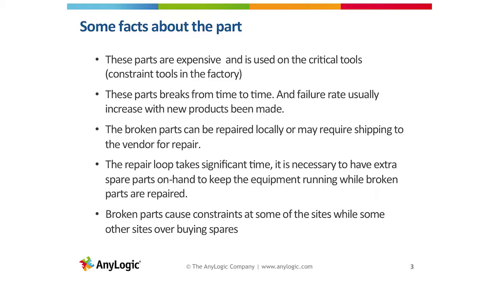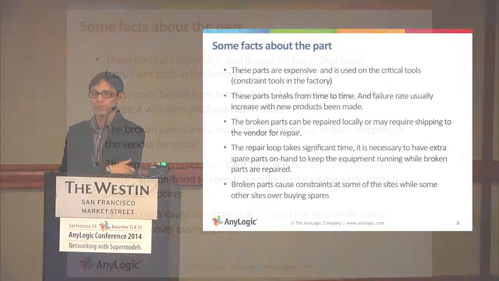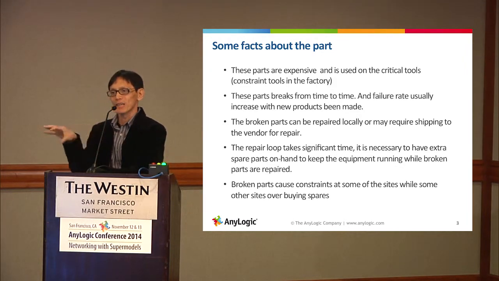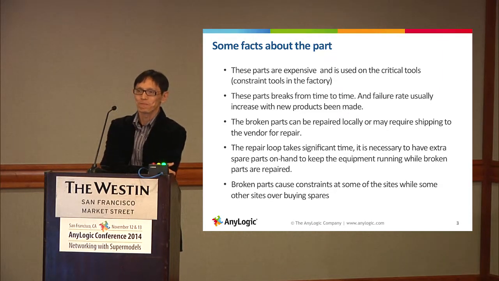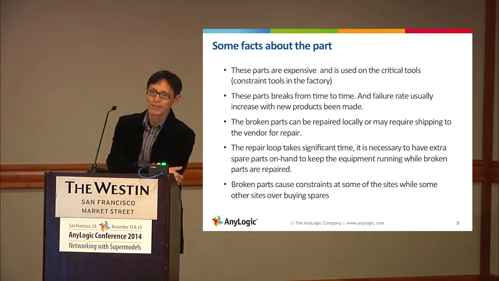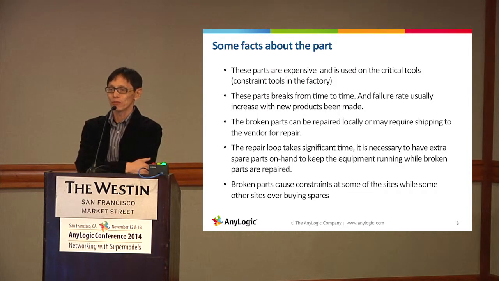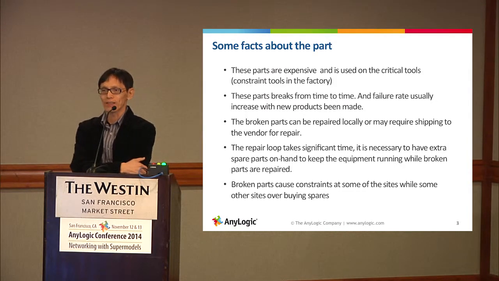They also found out the failure rate of these particular parts very much depends on the product being run through the machine. And they also found out that usually during a new product ramp, the failure rate was slightly higher before it's stable.